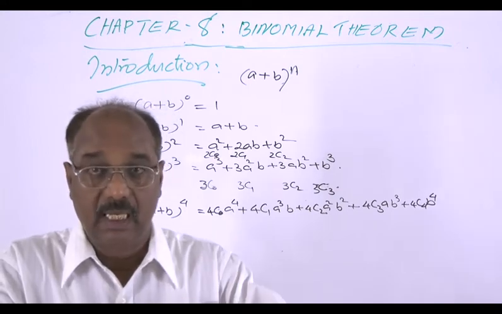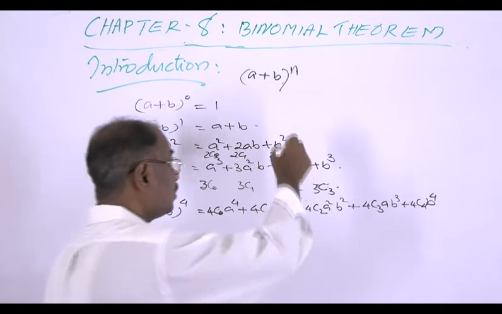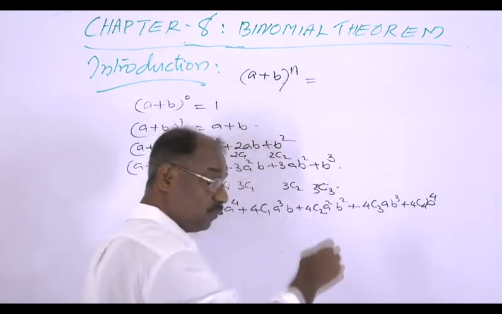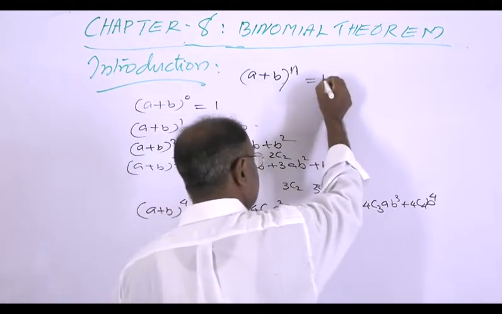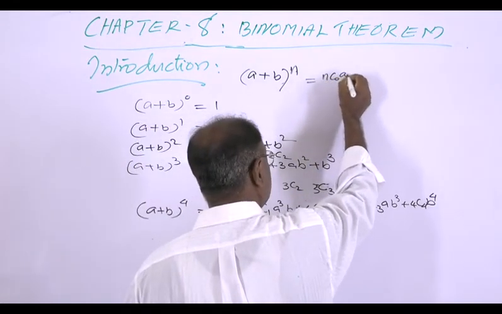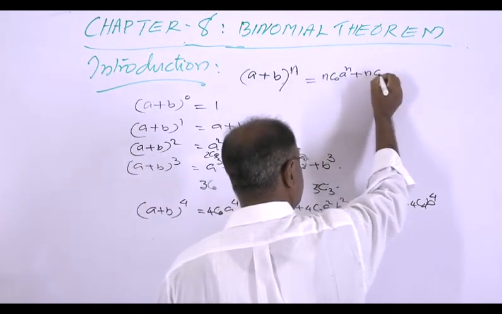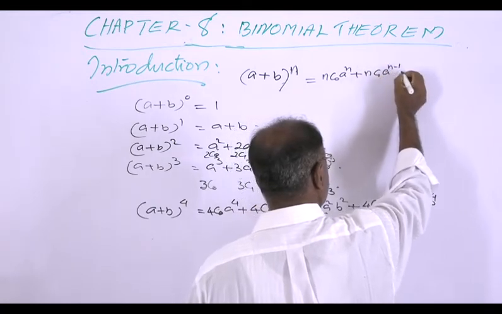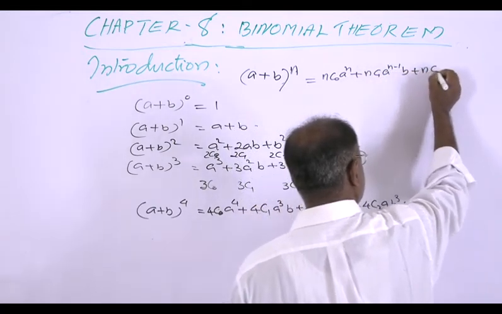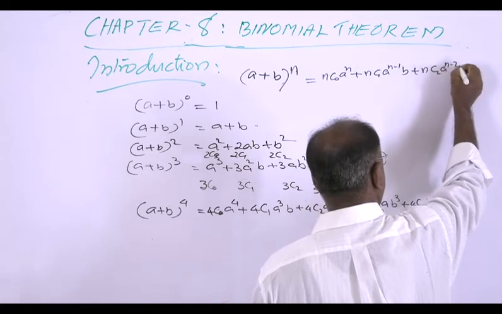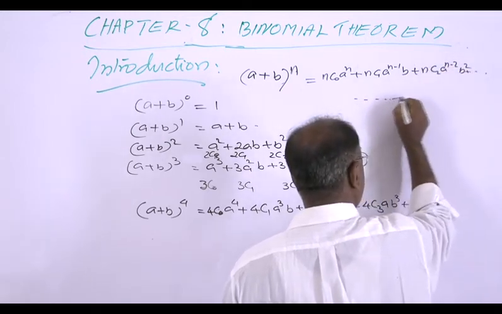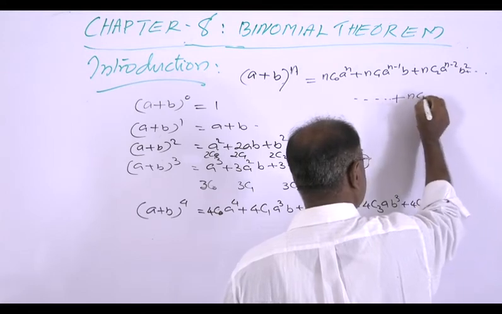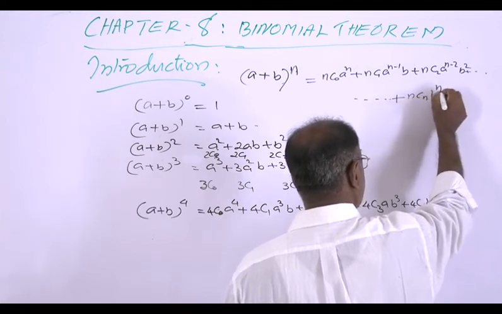And the expansion of A plus B all raised to n will be in a similar form: nC0 A raised to n plus nC1 A raised to n minus 1 B plus nC2 A raised to n minus 2 B squared plus etc. plus the last term nCn B raised to n.